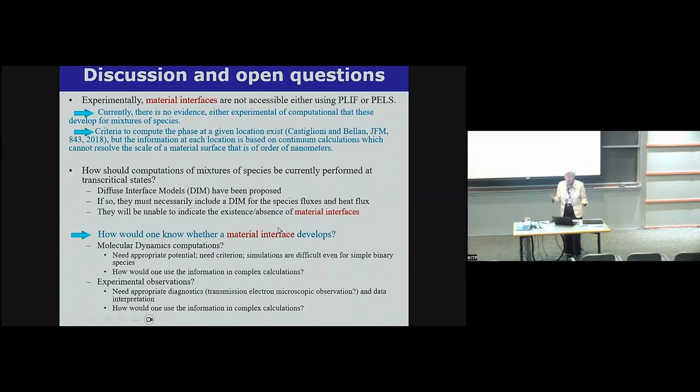So here I have my last slide, okay? Discussion and open questions. How should we compute mixtures of species at the transcritical state?